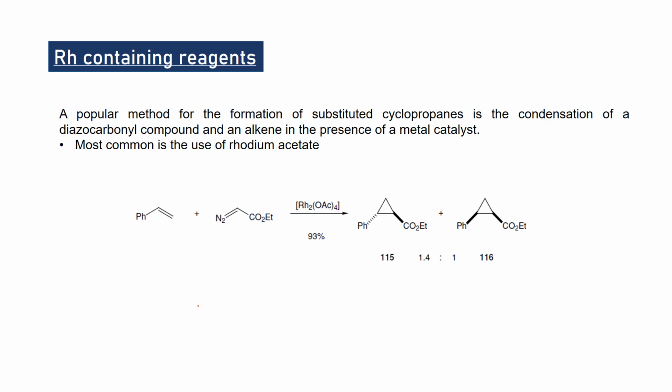A popular method for the formation of substituted cyclopropane is the condensation of a dicarbonyl compound and an alkene in presence of a metal catalyst, and the most commonly used metal catalyst is rhodium acetate.